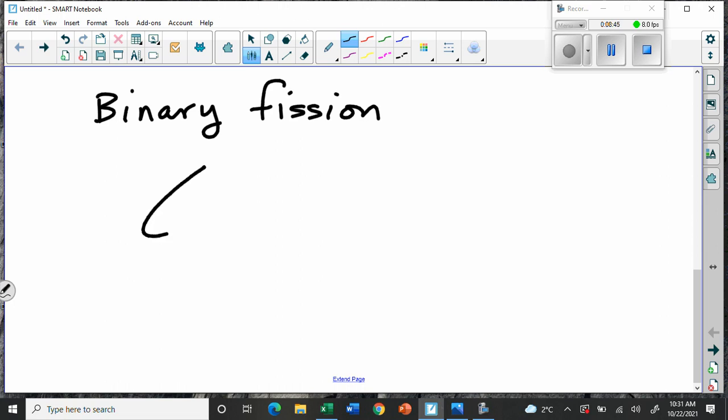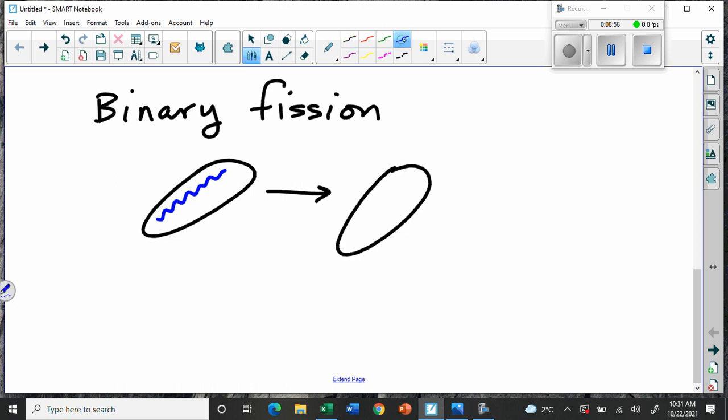And so what happens is we have genetic material inside. The first thing that would happen is the genetic material would copy itself in the process that we just showed. And so now you have copies, right? DNA copies itself, or the word we use is replicates. That's the word we like to use. Replicates.